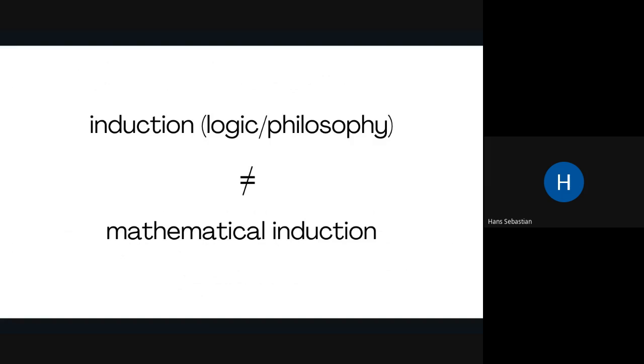Mathematical induction is actually a rigorous form of deduction. It's not really induction as in inductive thinking. Rather, it's just somewhat similar to it. Almost everything in math is deductive, and I guess the closest thing to inductive thinking is mathematical induction, so people just called it mathematical induction.